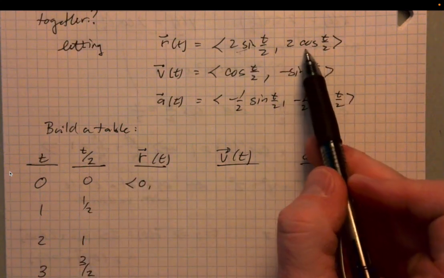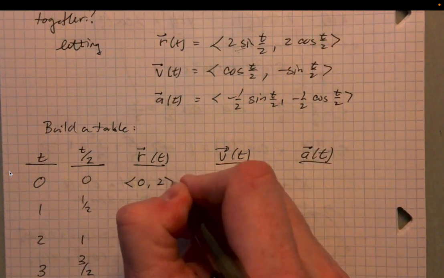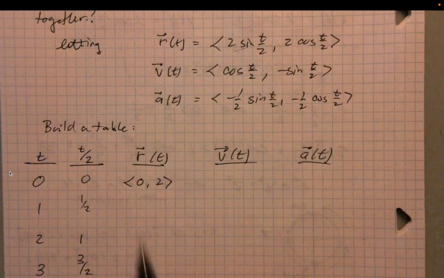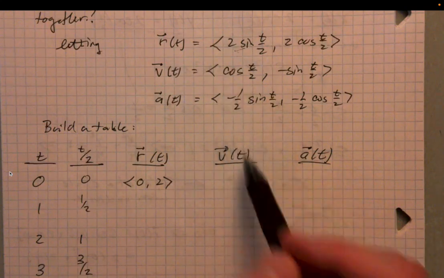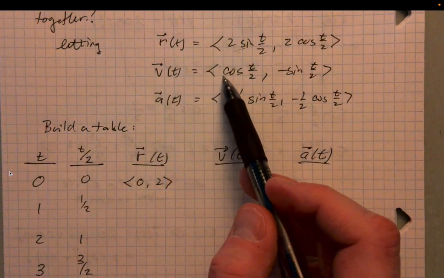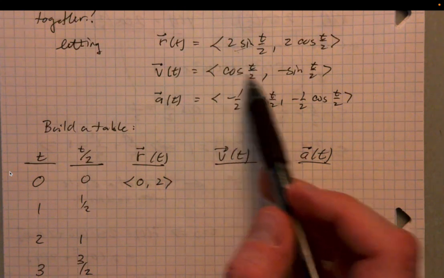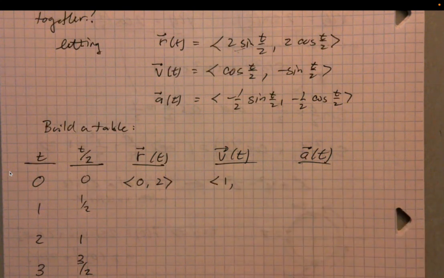And it's 2 times cosine of 0, and we saw that that was 2 times 1, so that was 2. Okay, so we get 0, 2 for the position at time equals 0, which we already saw. What about the velocity? Right, what happens when we plug in 0 into the velocity vector? Well, it's cosine of 0, basically, right? So cosine of 0 is 1.